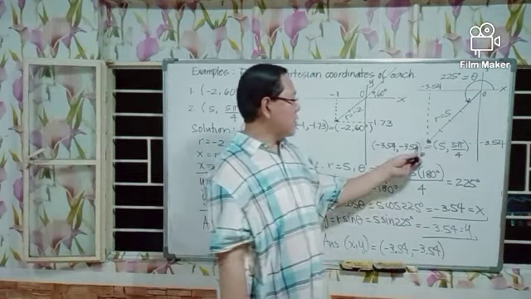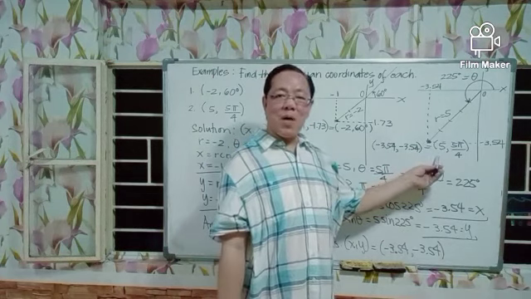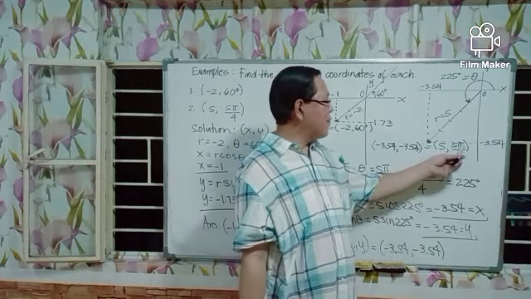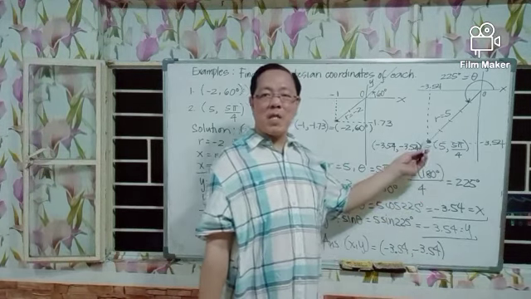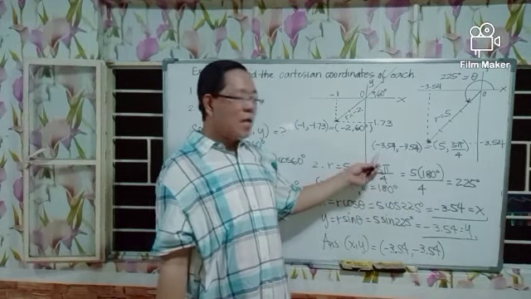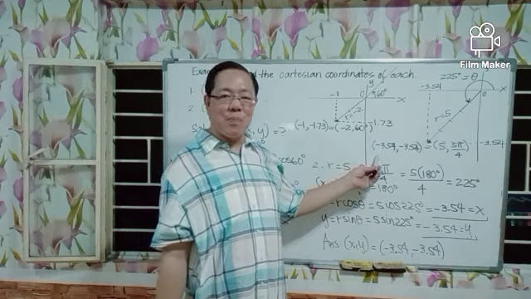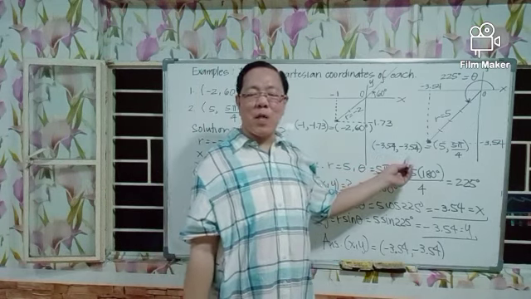Hence, this point has the given polar coordinates 5 and 5 pi divided by 4. And this same point has Cartesian coordinates negative 3.54 and negative 3.54.